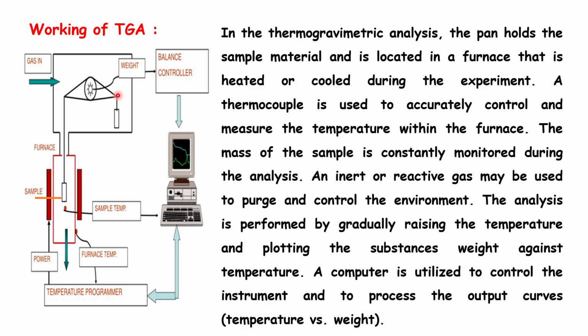So by using the precision balance, the microprocessor records the variation in the weight of the substance, and by using the temperature controller, the microprocessor controls and records the variation in the temperatures, and it plots the graph of temperature versus the weight.